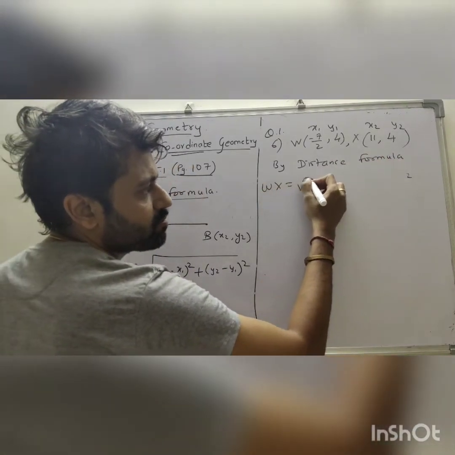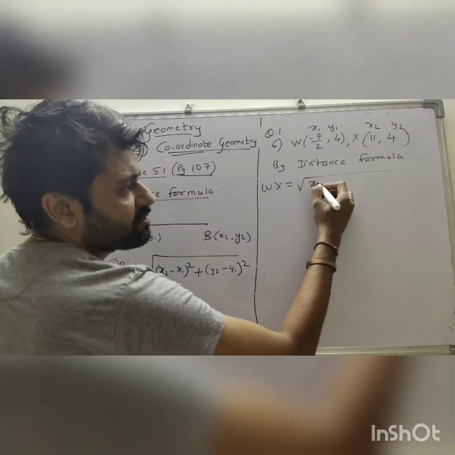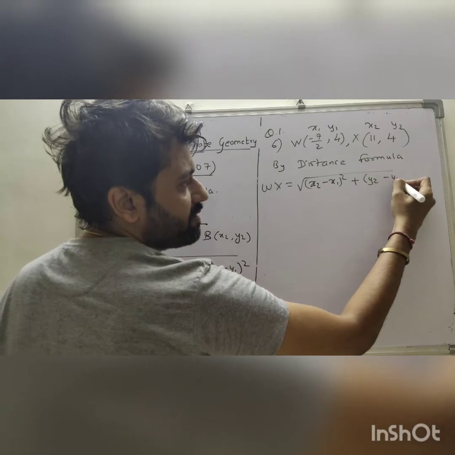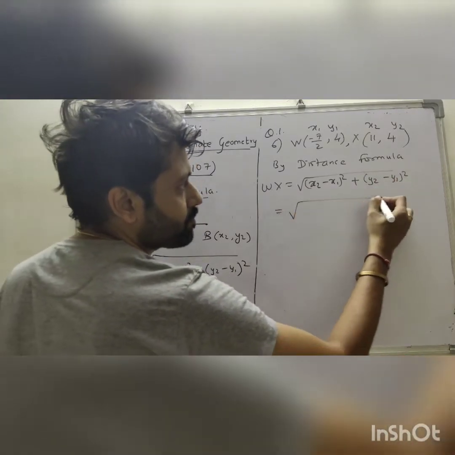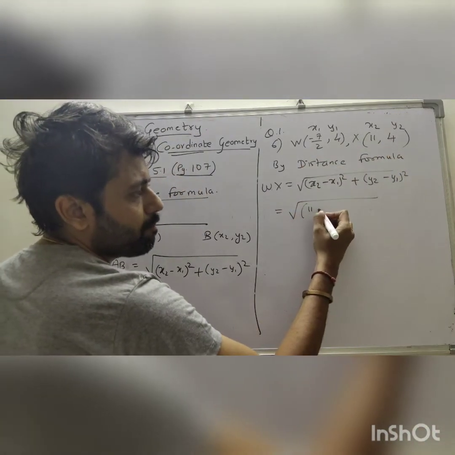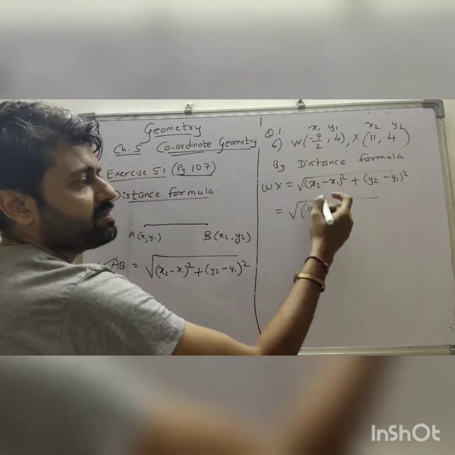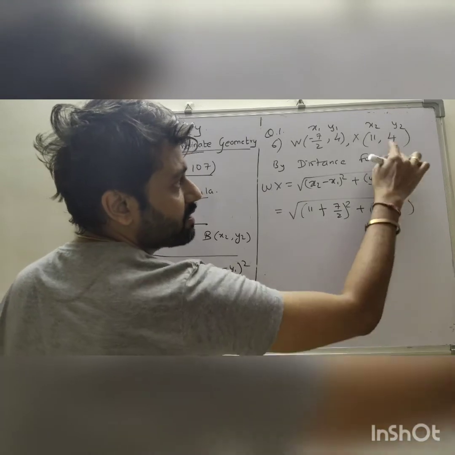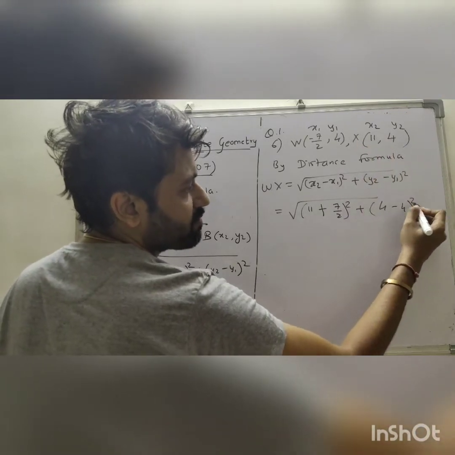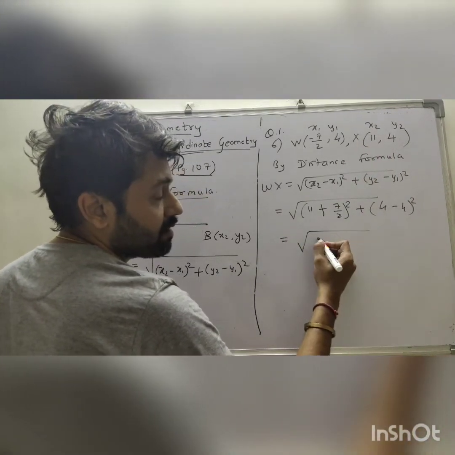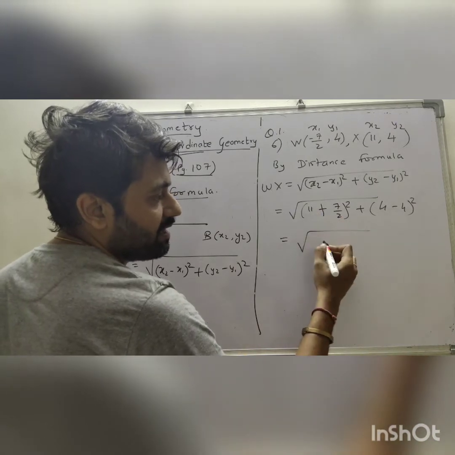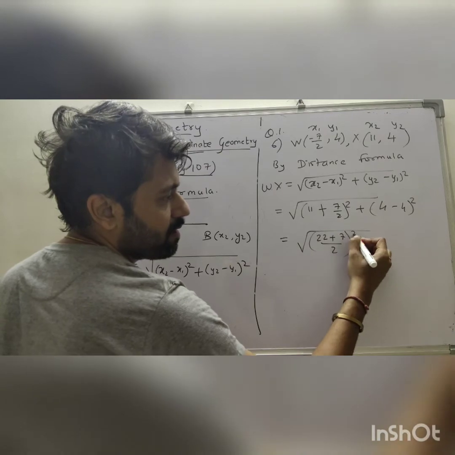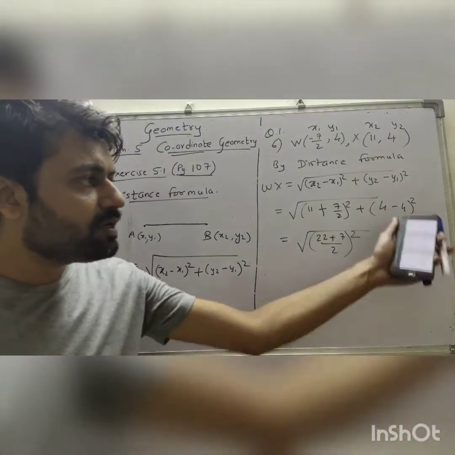WX is equals to, write the formula: root of x2 minus x1 the whole square plus y2 minus y1 the whole square. 11 minus, and once minus becomes plus, 7 upon 2 the whole square plus 4 minus 4 the whole square. These 2 11s are 22 plus 7 upon 2 the whole square. 4 minus 4 is 0.